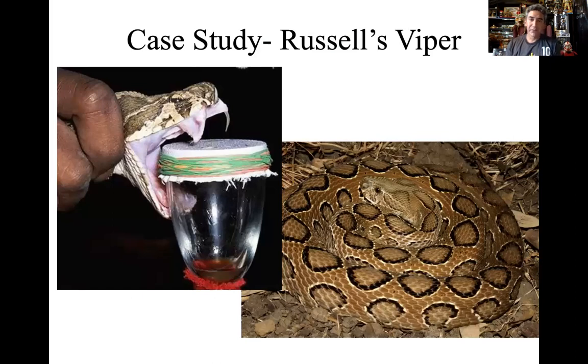So something that I work with, right? I work with a lot of venomous reptiles and look at some of the effects of the venom. So this is a case study. I'll post an associated video with this to show how the venom actually does what it does, right? So if I'm a hungry snake and I bite a rat, I want that rat to die so I can easily ingest it, right? So I could get injured.